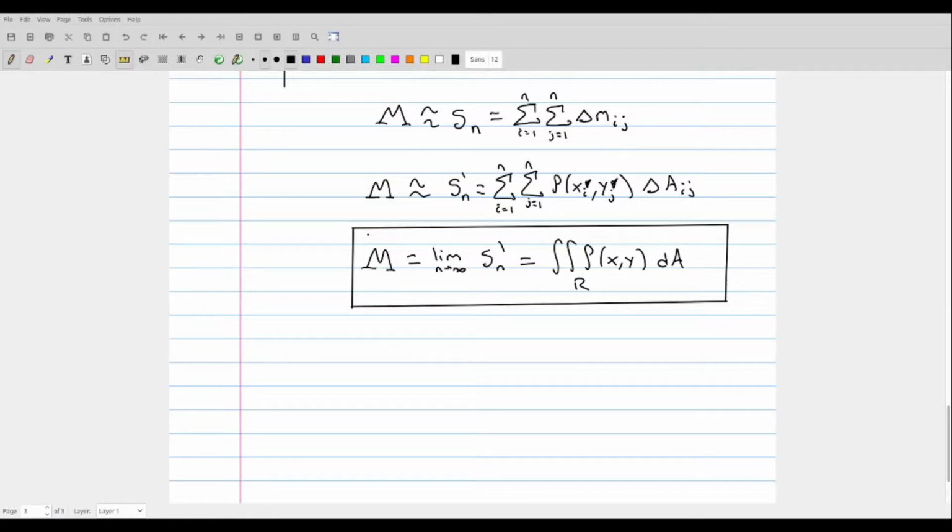So let's look at a very specific example to try and see how we would apply this.